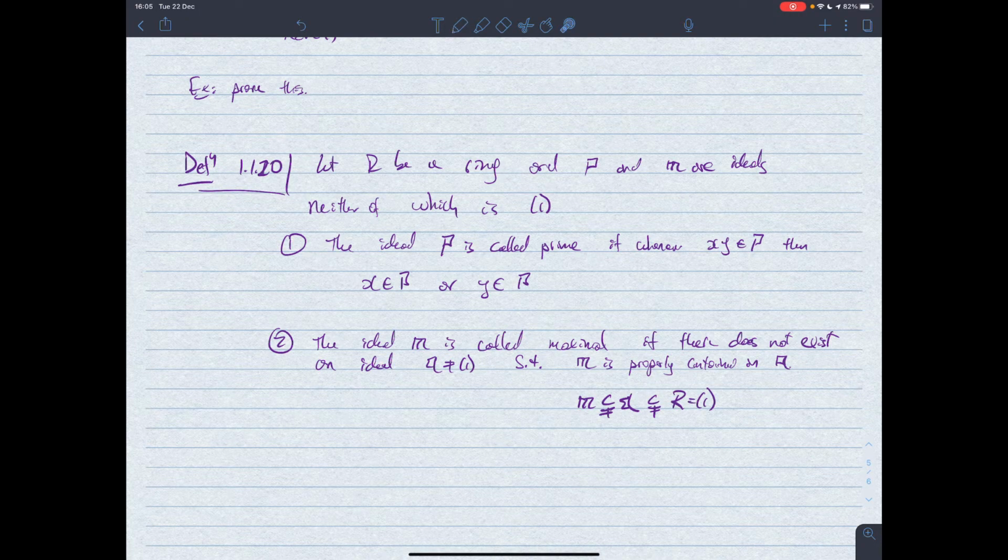So we can't find an ideal A that will fit in between my maximal ideal and R.